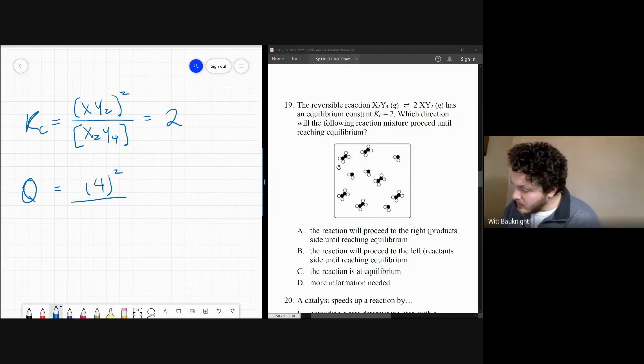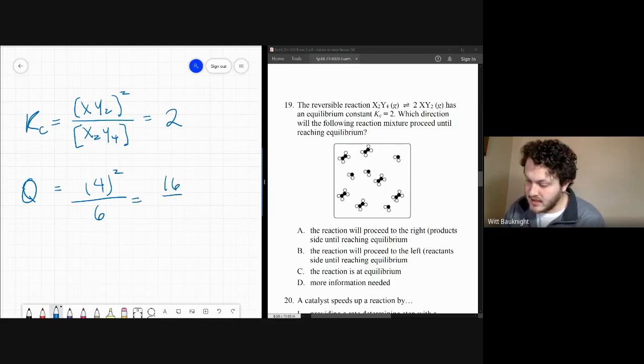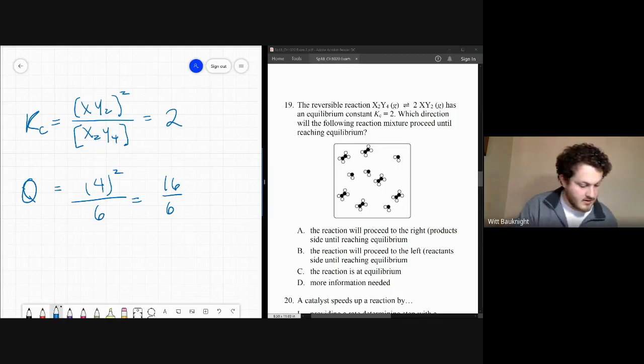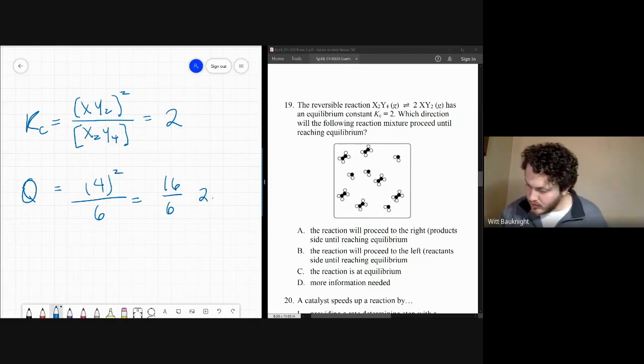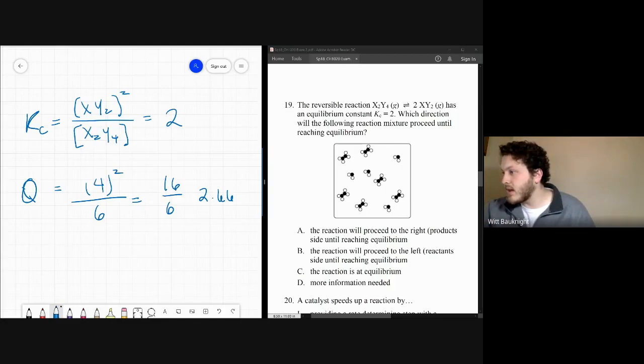Then we have 1, 2, 3, 4, 5, 6 X2Y4s. So that's 16 over 6. Let's see, 16 divided by 6 is about 2.66, which means that, and let me make sure I got that math right.